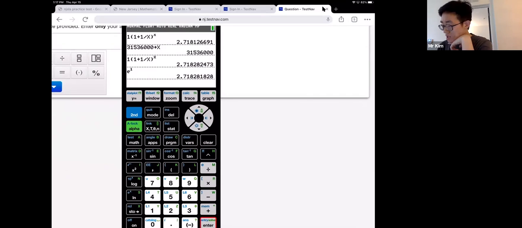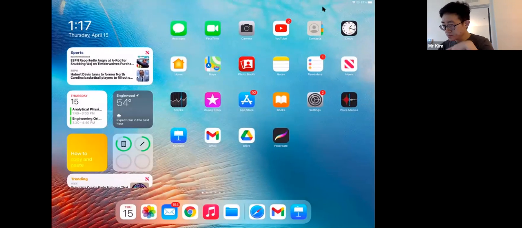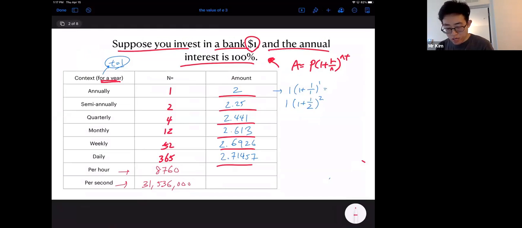Okay, which is pretty much approximately the same as when I plug in x as 31 million. So I'm going to go back to my table chart here. When I plug in f of this, that's 2.71813, and f of that should be 2.71828, which is actually very close to being the value of e.